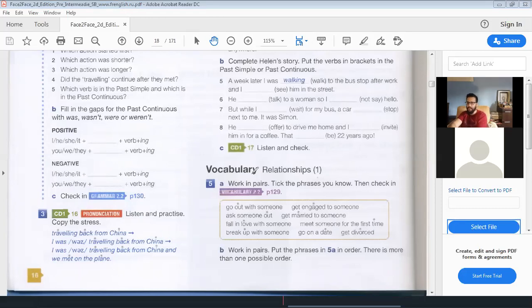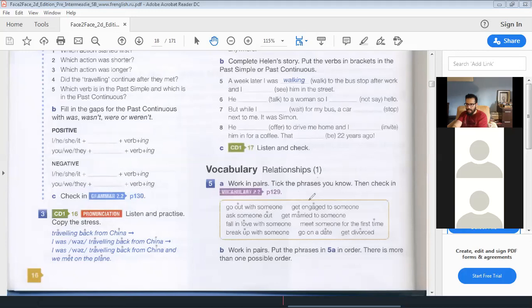So we have go out with someone, get engaged with someone. I'm back. Okay, welcome back. Ask someone out. We have, let me just adjust something, make a little change here.